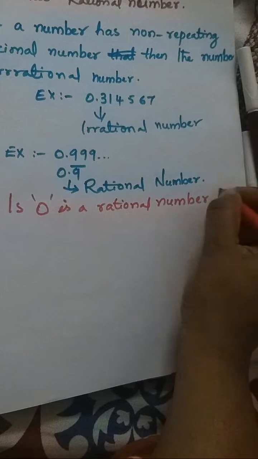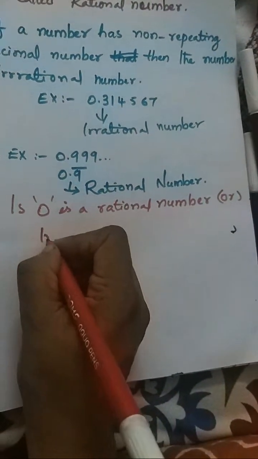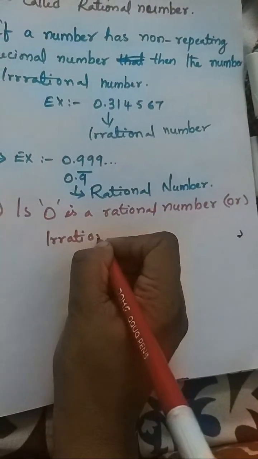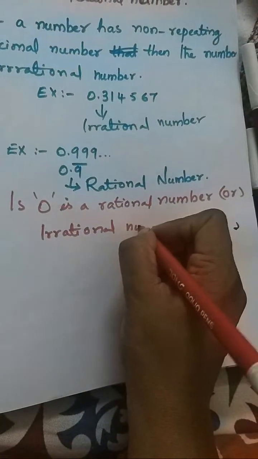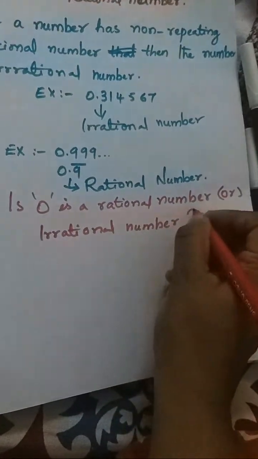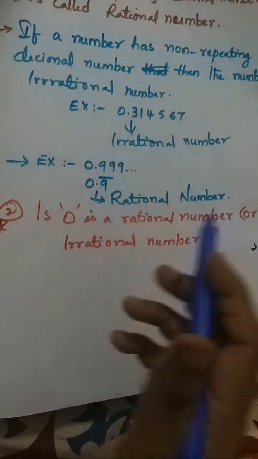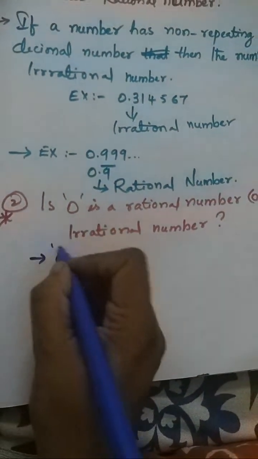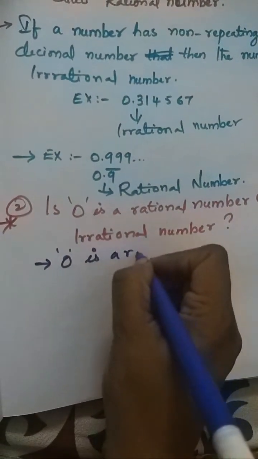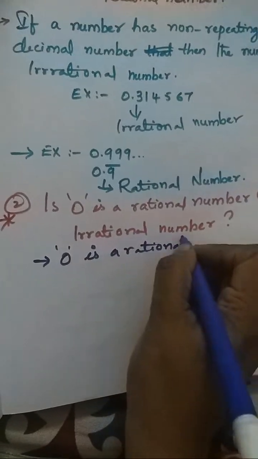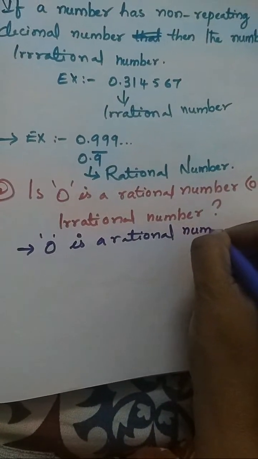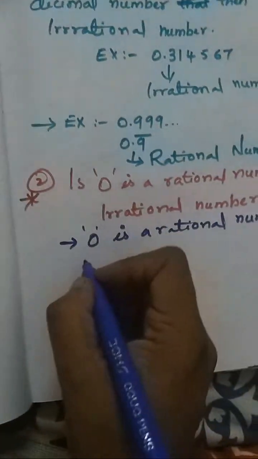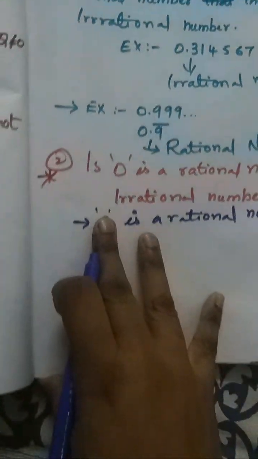Okay, is it a rational or irrational number? Then what will you say the answer, children? For this question I will say simply this: 0 is a rational number. How? Show me the proof. I will show the proof here.